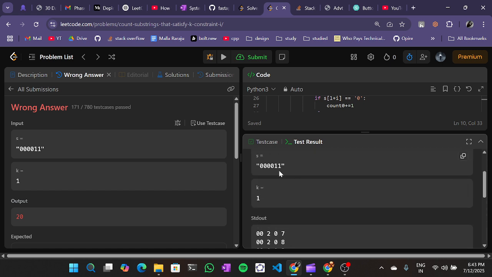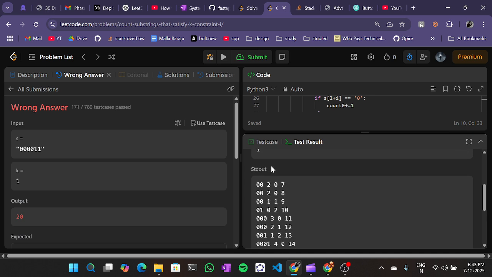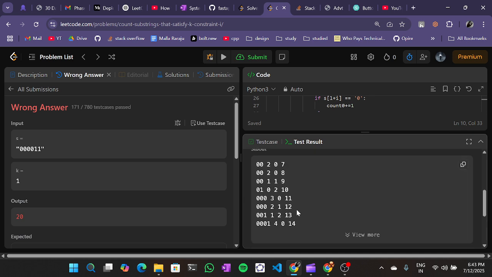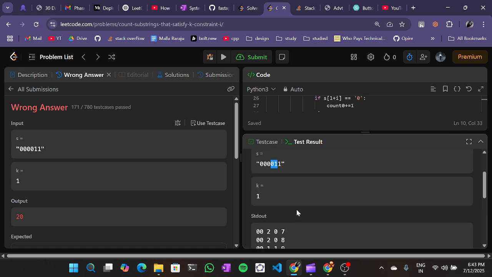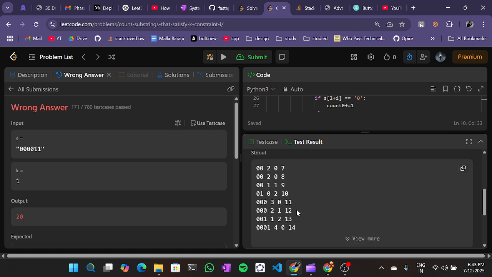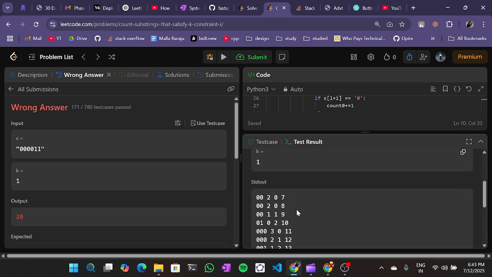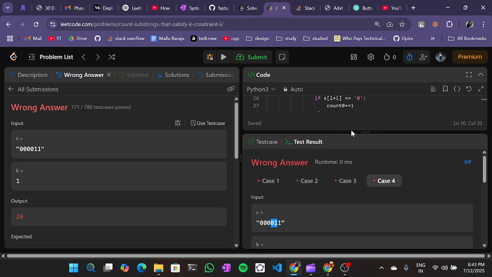0. Now we are missing a case, 0 0 0 0 0 1. We are missing a case now.